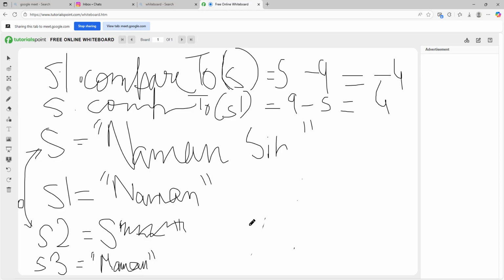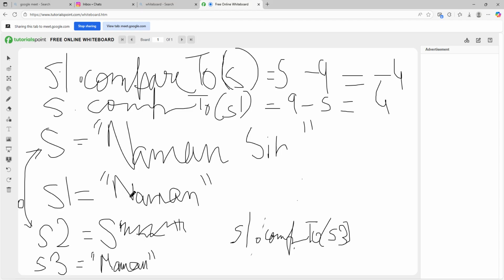So here if we compare s1.compareTo(s3), s1 is "naman" and s3 is "maman". The lengths are the same, so that won't affect the answer. Now it will compare the individual letters.